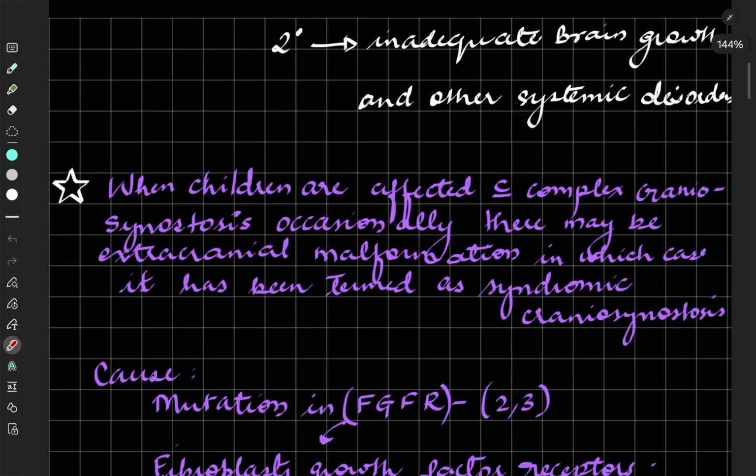Another thing is when children are affected with complex craniosynostosis, that is multiple sutures are involved, occasionally there may be extracranial malformations. There will be malformations other than cranial, in which case it has been termed syndromic craniosynostosis. So this together is termed as syndromic craniosynostosis.